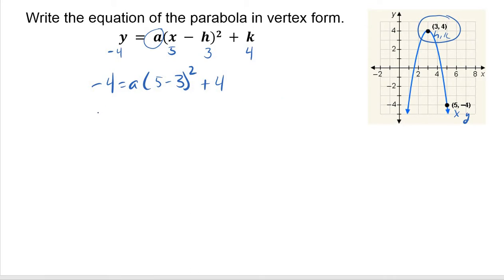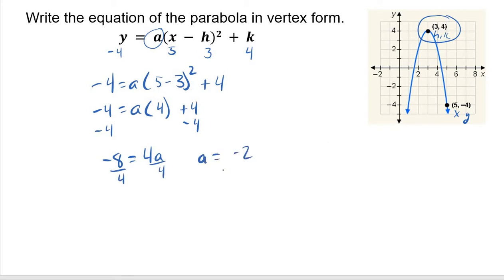So let's clean this up. -4 equals a times, well, 5 minus 3 is 2, squared would be 4, and then plus 4. Okay, so let's subtract this 4 over. So negative 8 equals 4 times a, and then of course divide that 4 over there, and it looks like a equals negative 2.